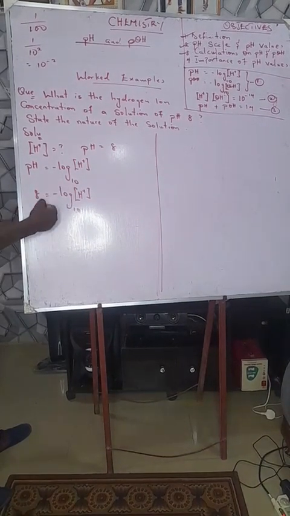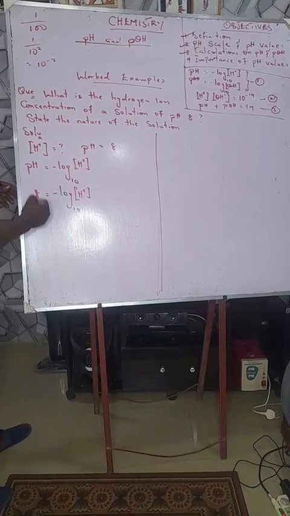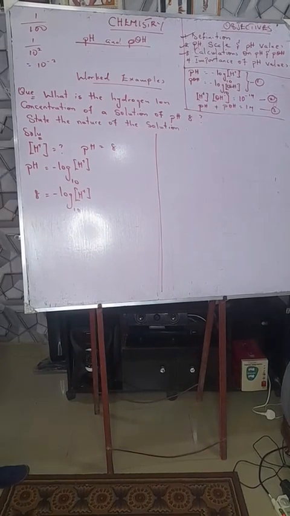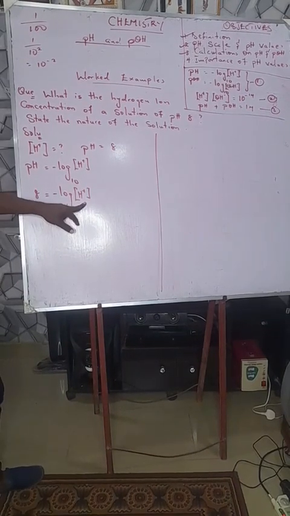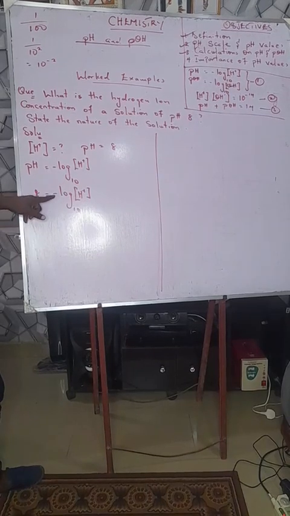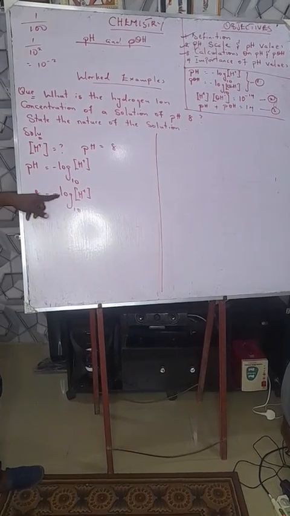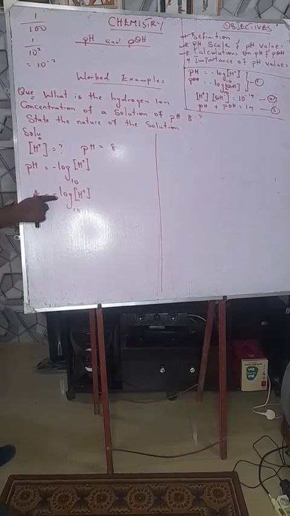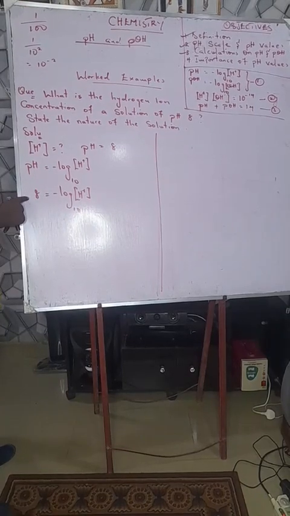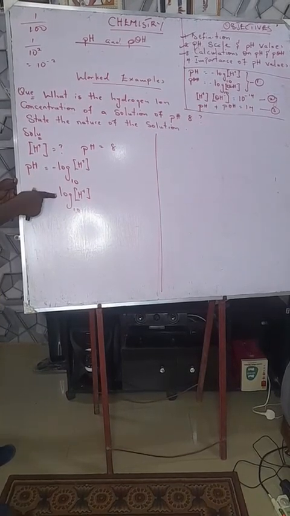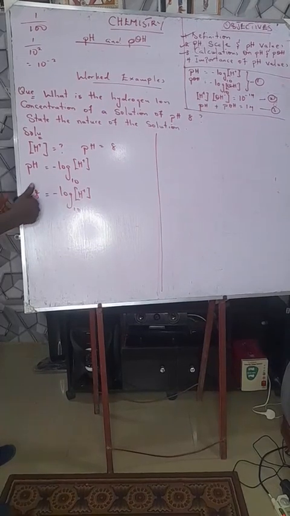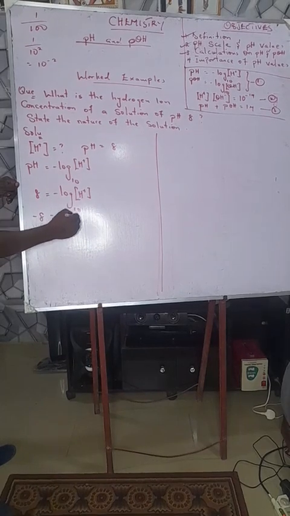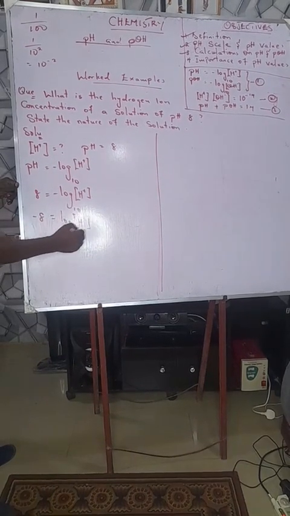Now, this is what you are looking for. Somebody will say divide both sides by negative log base 10, which means it's an antilog of this. The first thing is to do away with this negative. Multiply both sides by minus 1, then you are going to have minus 8 is equal to log concentration of hydrogen ion base 10.